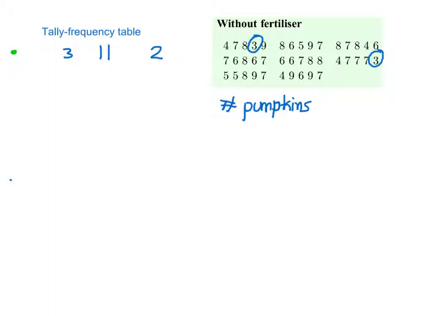Okay, if I look at the number 4, I see that it occurs 4 times. Therefore, I'm going to use 4 tick marks, and again the frequency is 4. If I look at the number 5, I see that it occurs 3 times. And I can do this for all of the data in the table.